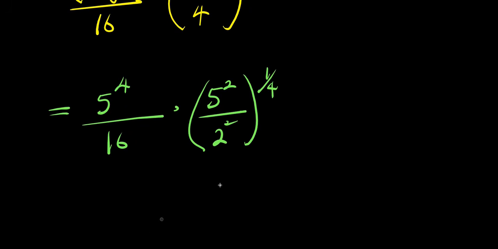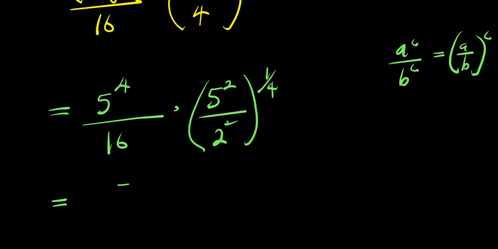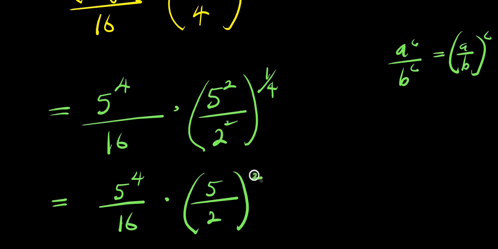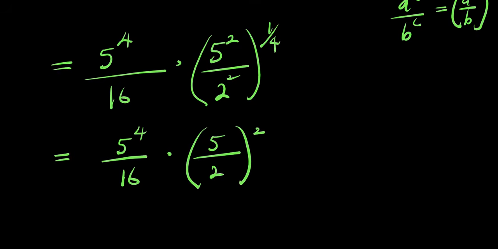And like I said earlier on, if you have a power c divided by b power c, this equals a divided by b raised to the power of c. So this will simply give us 5 power 4 divided by 16 times 5 over 2 raised to the power of 2, and this also will be raised to the power of 1 over 4.